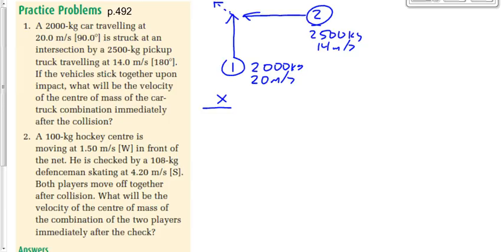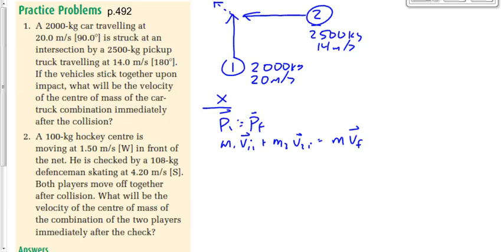Let's do the horizontal, our x components here. We know that we have 2 objects. So we're going to say m1 v1i plus m2 v2i. And afterwards, they stick together, so we're going to say that they have just one momentum, mvf. What's the mass of object number 1? 2,000 kilograms. What's the velocity of object number 1?